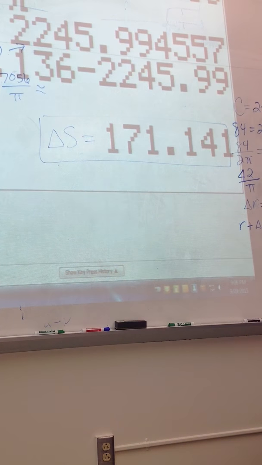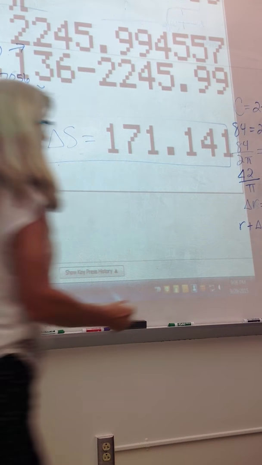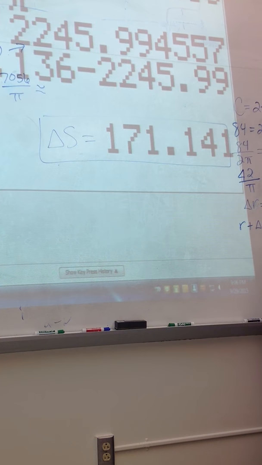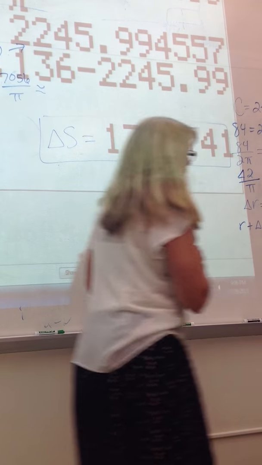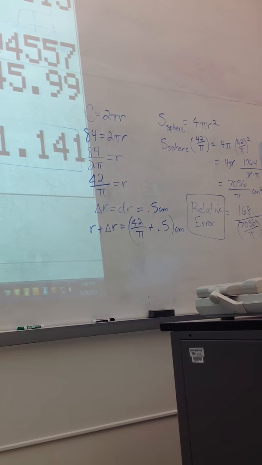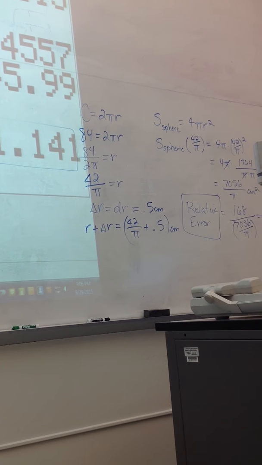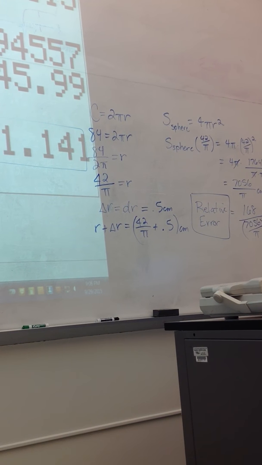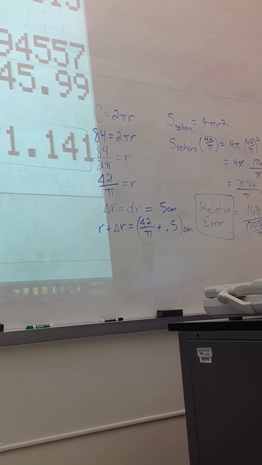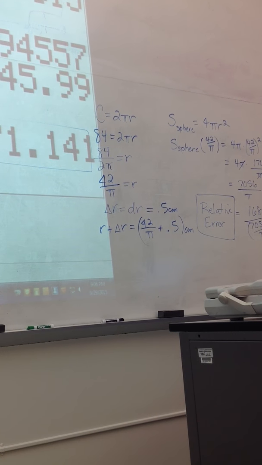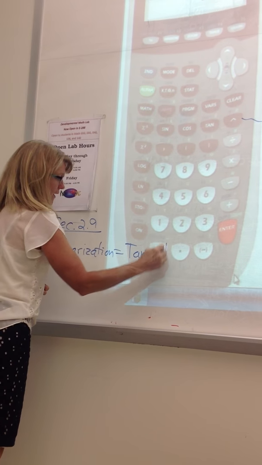So again, you guys, the vocabulary words are our main focus. So relative error, differential, linearization, those are our new words from this section. So in section 2.9, some of the new words are linearization, which for Calc 1 means the same thing as the tangent line.